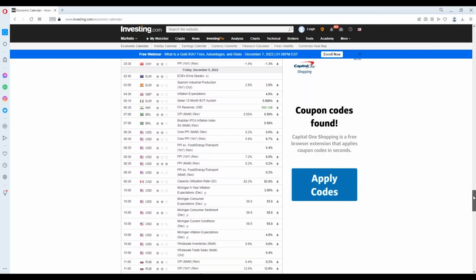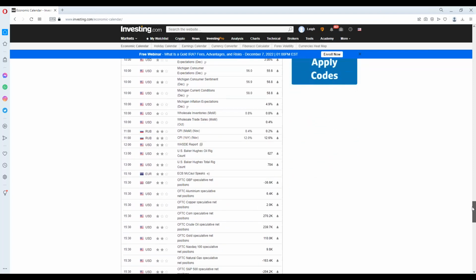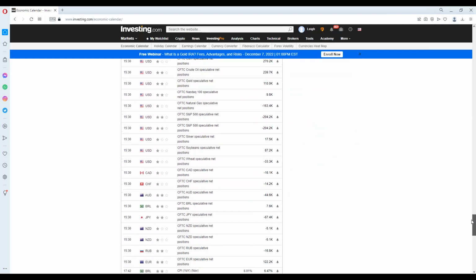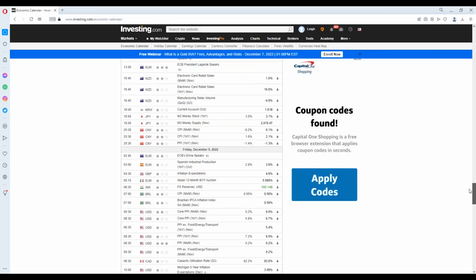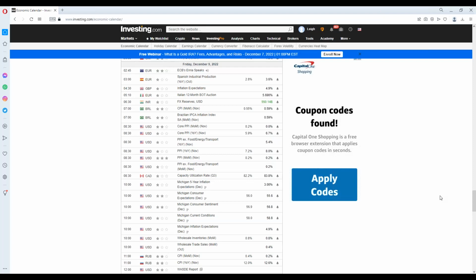So you can use Thursday and Friday. That way people have a whole bunch of different things. Don't automatically assume that just because something has more stars than another, it's automatically better, okay? Use a little bit of outside-the-box thinking.